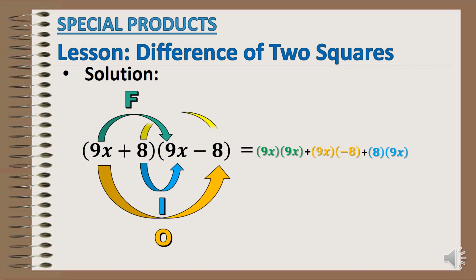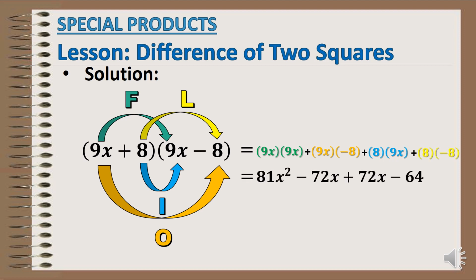And our last terms, we have plus positive 8 times negative 8. Simplify, we have 81x squared minus 72x plus 72x minus 64. The middle term will be cancelled out. And our final answer is 81x squared minus 64.